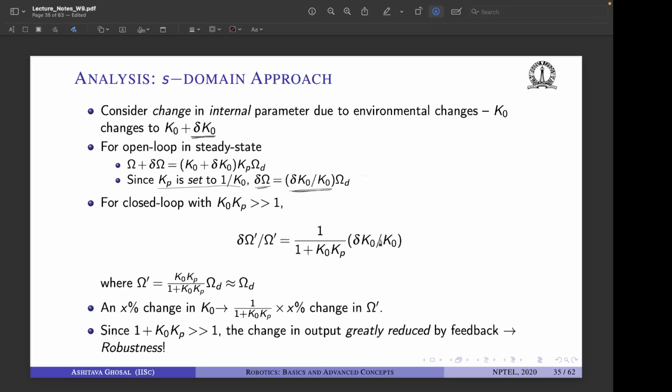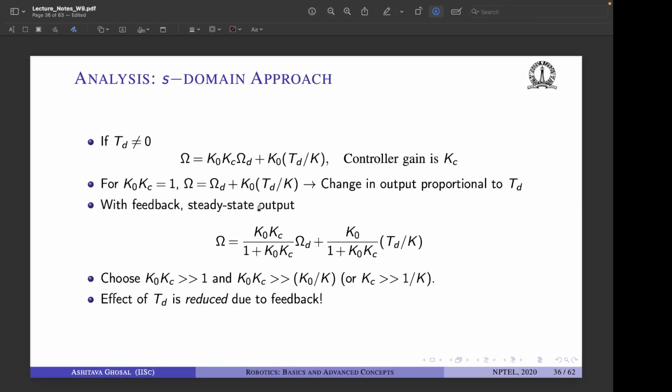But here that change in the parameter can be greatly reduced by this factor, right? So we see that since in closed loop the effect of change in the internal parameter is reduced a lot, that's why we say that the closed loop provides robustness to change in parameters.